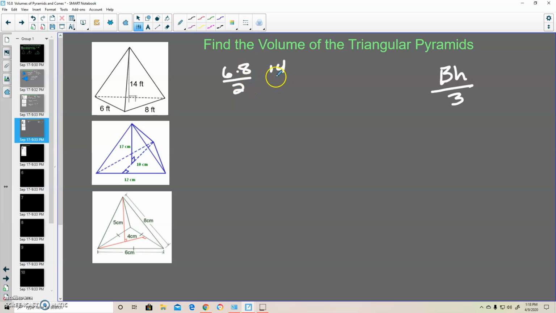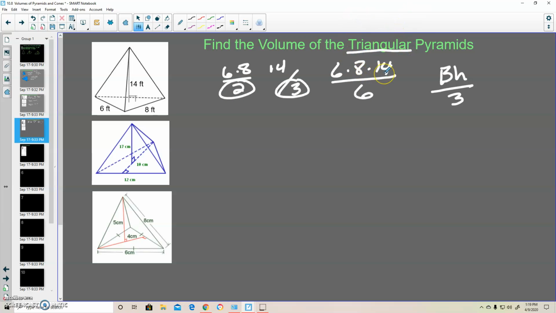So another thing you can do is we're dividing by 2, and then we're dividing by 3. So in essence, we're really dividing by 6. Okay, and we can certainly do it that way. What we're going to do, to make it easier on ourselves, is length, width, and height, 6 times 8 times 14, divided by 6, because we are dividing by 2 for the triangle and by 3 for the pyramid, and this is only for triangular pyramids.